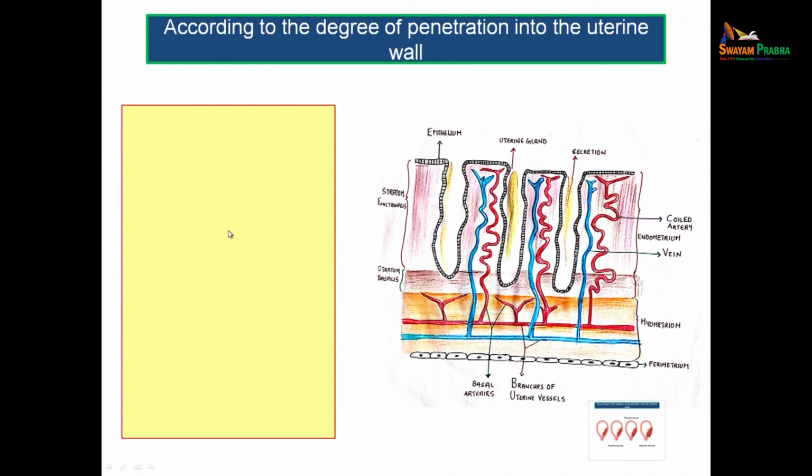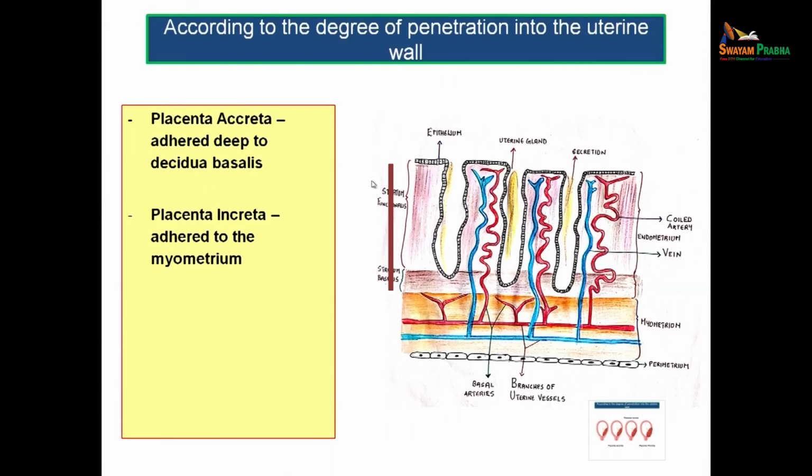Now, we just discussed about the different shapes of the placenta, different types of attachment of the umbilical cord. Now, depending upon the degree of penetration into the uterine wall, you can consider different types of placenta like placenta accreta, placenta increta and placenta percreta.